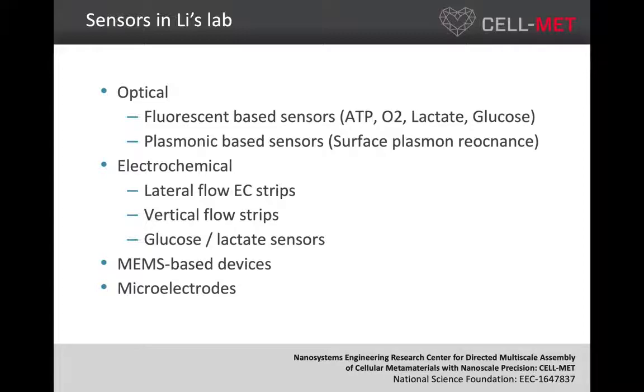Electrochemical sensors are ranging from lateral flow to vertical flow test strips, and glucose and lactate sensors as well. Then we have all sorts of MEMS-based devices and microfluidic input devices, and we also have different designs of microelectrodes ranging from 3-barrel microelectrodes to single ones.